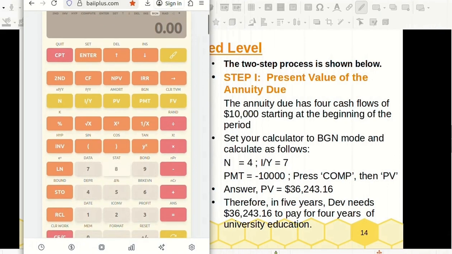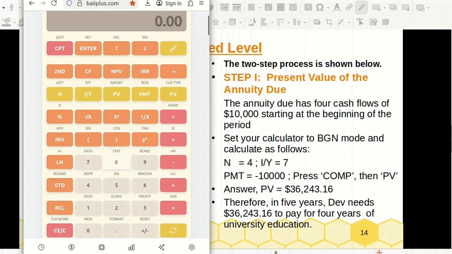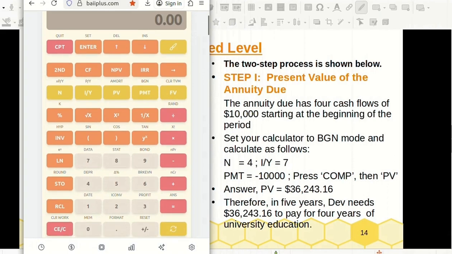Clear your memory and activate the BGN mode. It is second F and BGN. So don't worry about what I'm doing here because this is an online calculator. In a real-time calculator, it's quite easy. It's just press second F and then the BGN key. Now, we can see that the BGN mode is activated here.